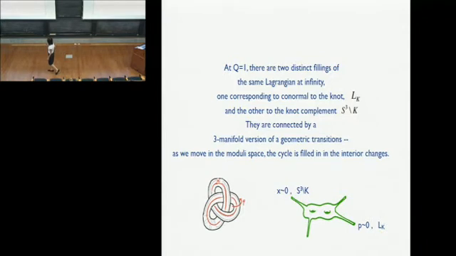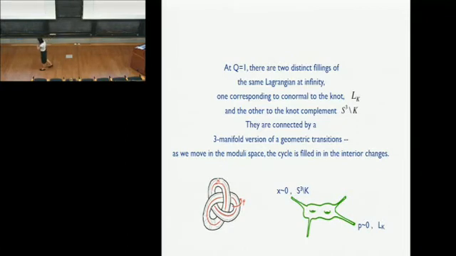And the other one corresponds to the knot complement, where you get the classical A-polynomial. So here P and X, so the infinity of the Lagrangian is a torus, and there are 2 holonomies around this torus. One is a holonomy around its longitude, which gets related to X, and the other one is a holonomy around the meridian, which is P.